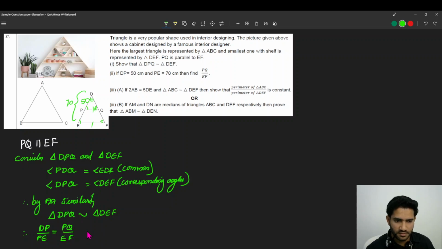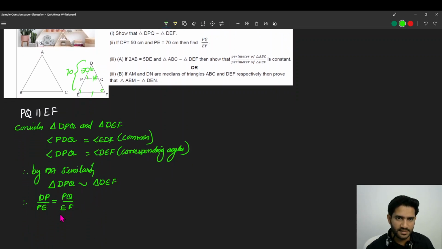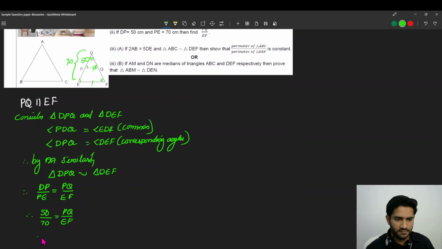So from here we can say that DP is given 50, PE is given 70, equal to PQ by EF. Therefore PQ by EF is equal to 5 by 7.